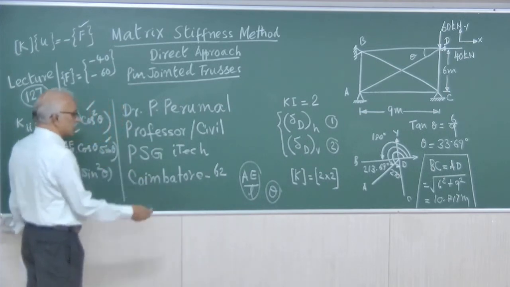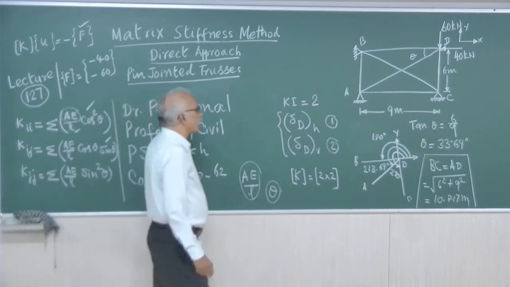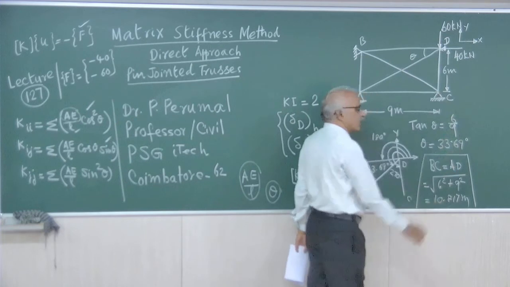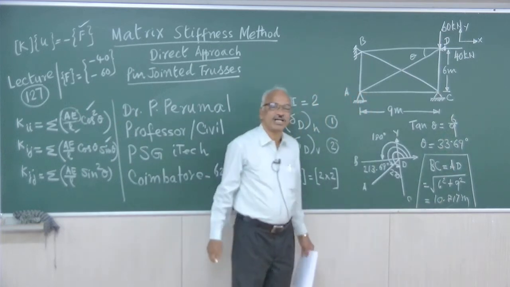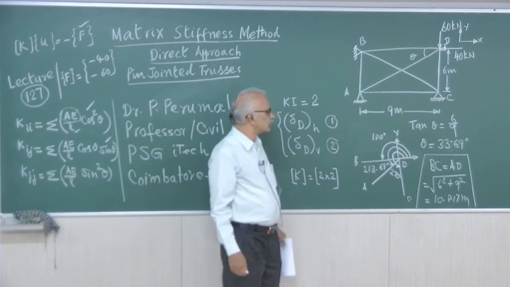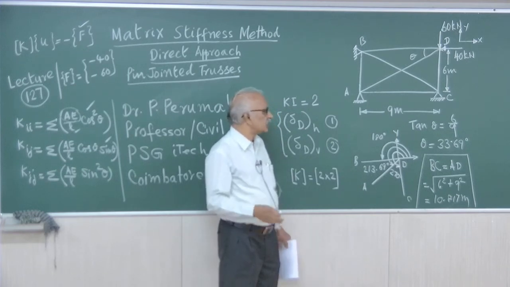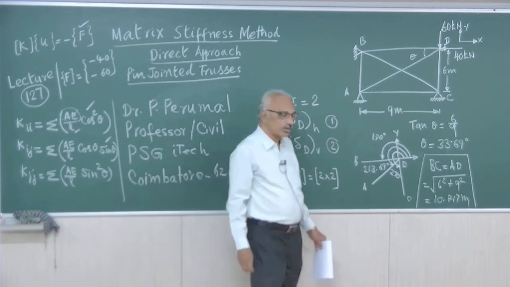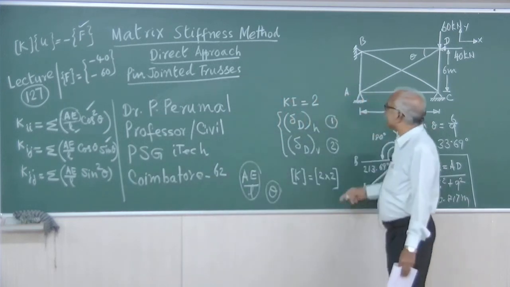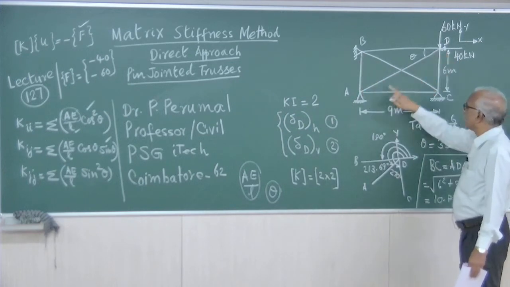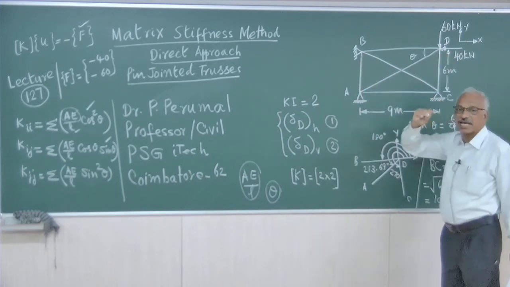Now, before proceeding, joints A, B and C are the joints which will not undergo any displacement, because they are hinged and the displacements are arrested. Therefore, the members AB, AD and AC will not carry any force.